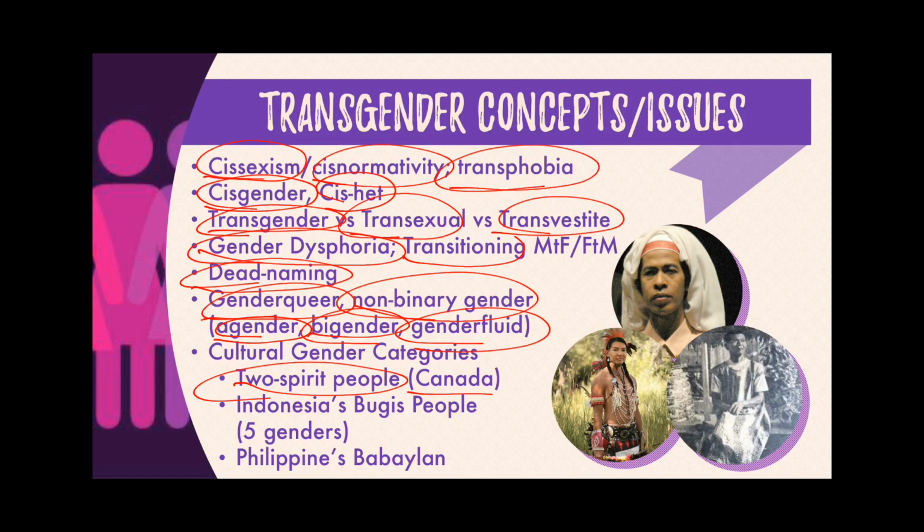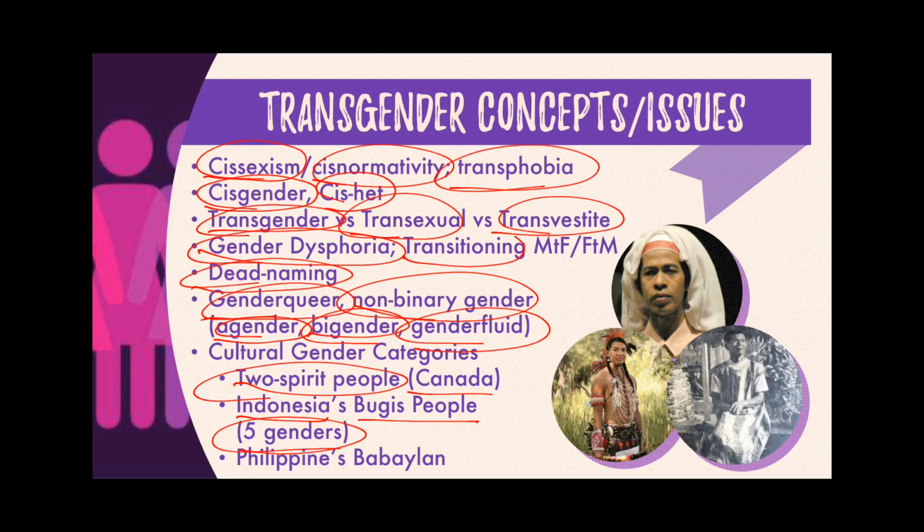And then also in Indonesia, they have the Bugis people, and the Bugis people don't have just the two genders. They actually have five genders, and each gender again has a place in the social hierarchy of the indigenous people of Bugis in Indonesia.